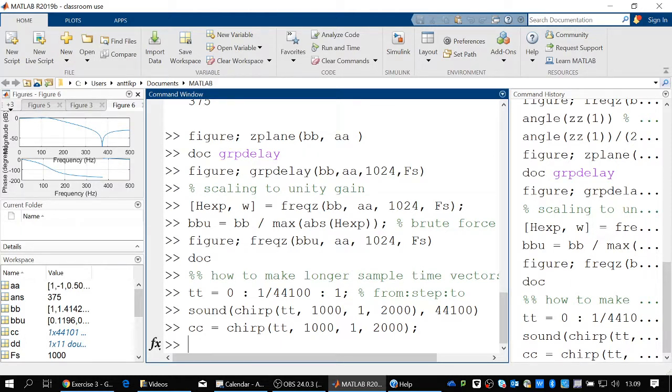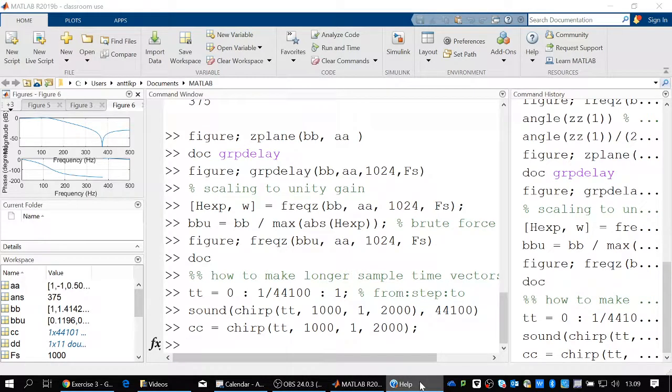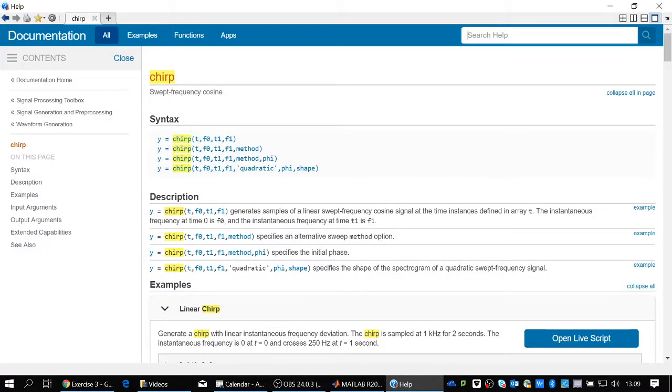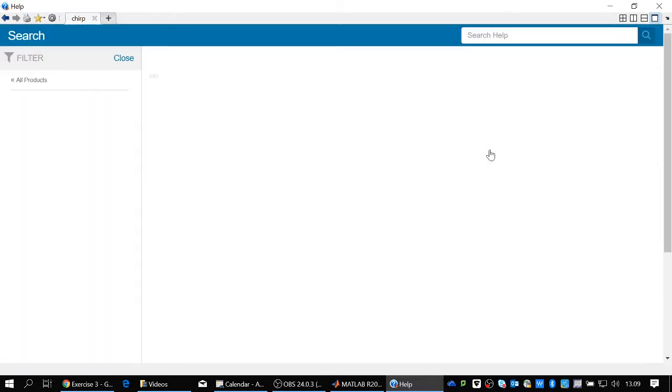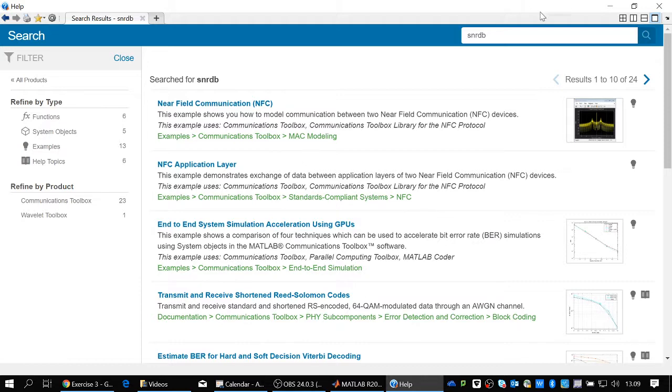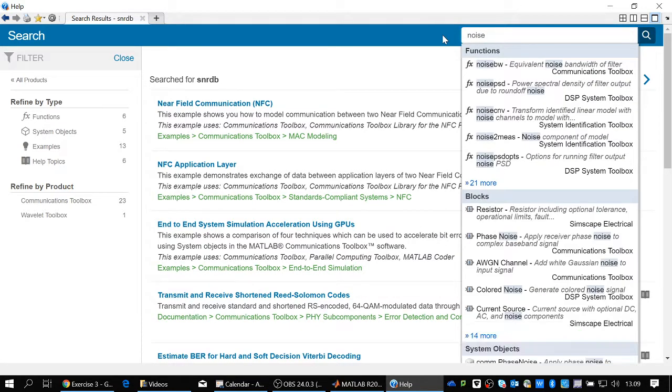Actually, there's a function for that too. Let's see. Help. How was the other one? Signal to noise ratio. No, going noise. Noise. How did it go? I don't remember.